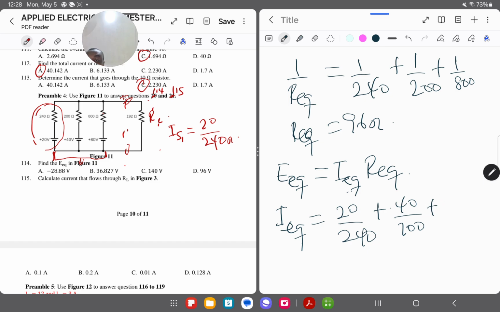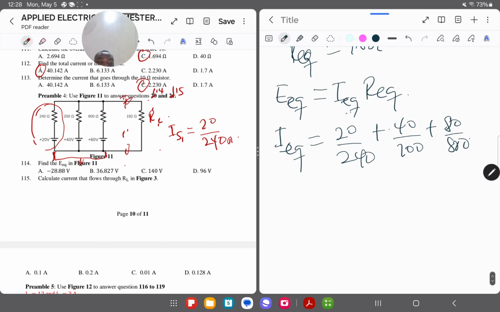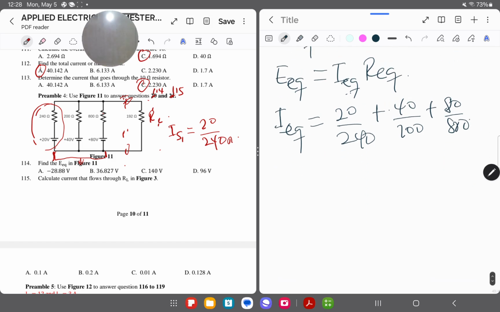Then again plus the voltage of the last one, which is 80, divided by its resistance, which is 800 in series. So we get this. Now I can just do the calculation for this.